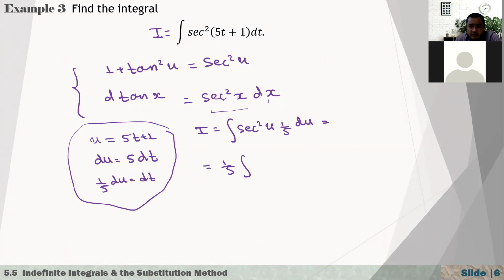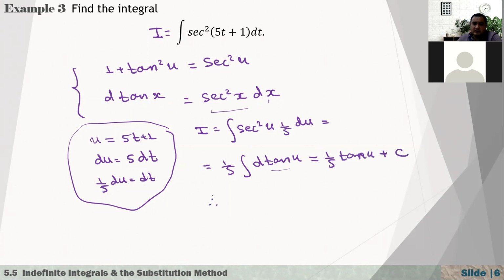So secant squared of u du, I can write as d tangent of u. So here we have d tangent of u, right? Now tangent of u is just our independent variable here, so this is equal to 1 over 5 tangent of u plus c.